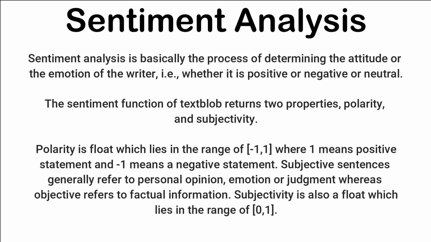If we get a value between 0 and 1, then the attitude of the writer is positive. So polarity basically tells us about the attitude of the writer, and subjective sentences generally refer to personal opinion, emotion, or judgment, whereas objective refers to factual information.